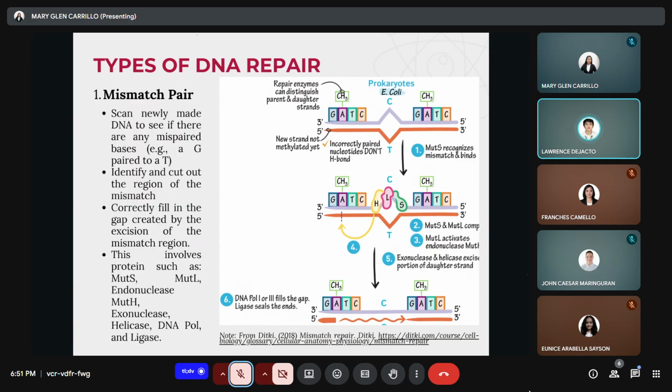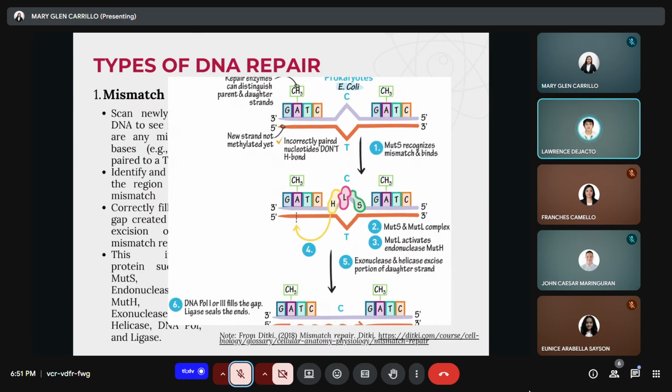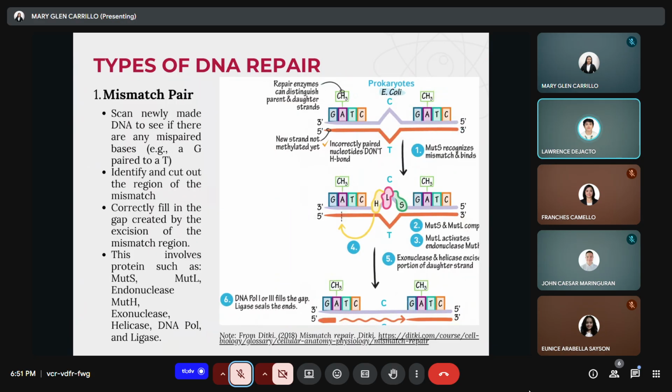Then the exonuclease and helicase excise a portion of the daughter strand. Then lastly, DNA polymerase 1 or DNA polymerase 3 fills the gap, which is then sealed off by the ligase. Next type of DNA repair is direct repair.